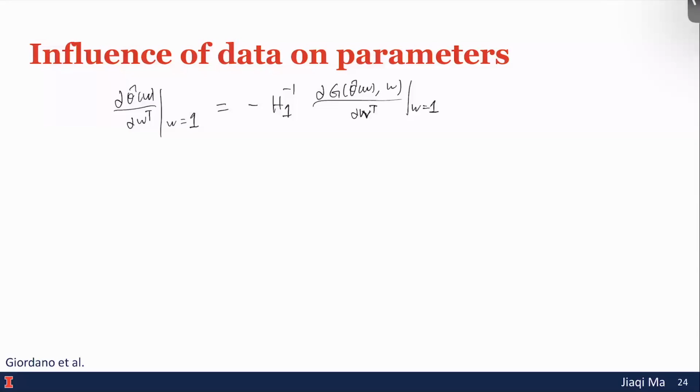We can do a simple derivation here. Recall that G(theta hat, W) equals the average over n of Wn Gn.